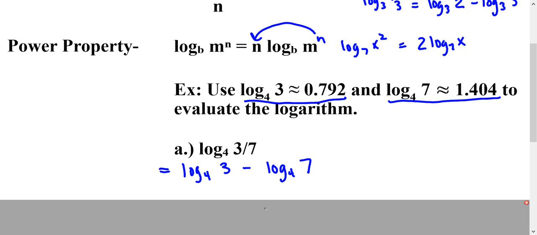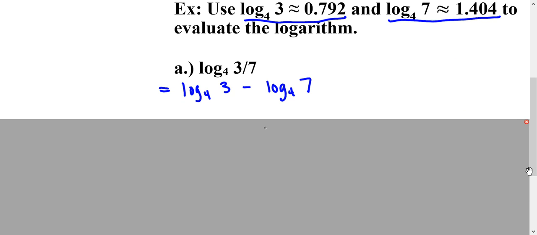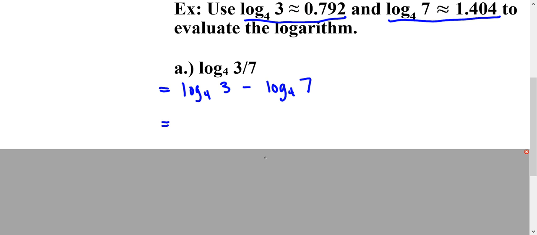Now I'm going to use substitution to plug in the values of these logarithms and find the actual answer. We're going to use the fact that log base 4 of 3 is equal to 0.792, and log base 4 of 7 is equal to 1.404.